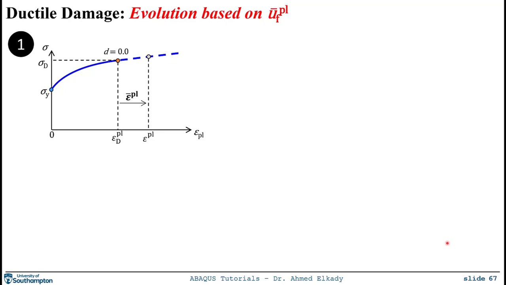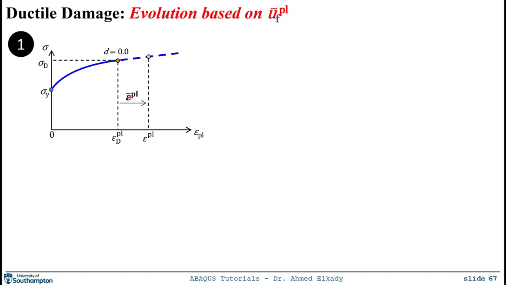Now let's see what the steps are once you define this plastic displacement at failure and the shape of your damage parameter to the plastic failure displacement. Once you define this relation, what really happens? First, while you are loading your material, if I'm looking here at the stress strain curve, once you reach the initiation point, Abaqus starts to measure any strains after this point.